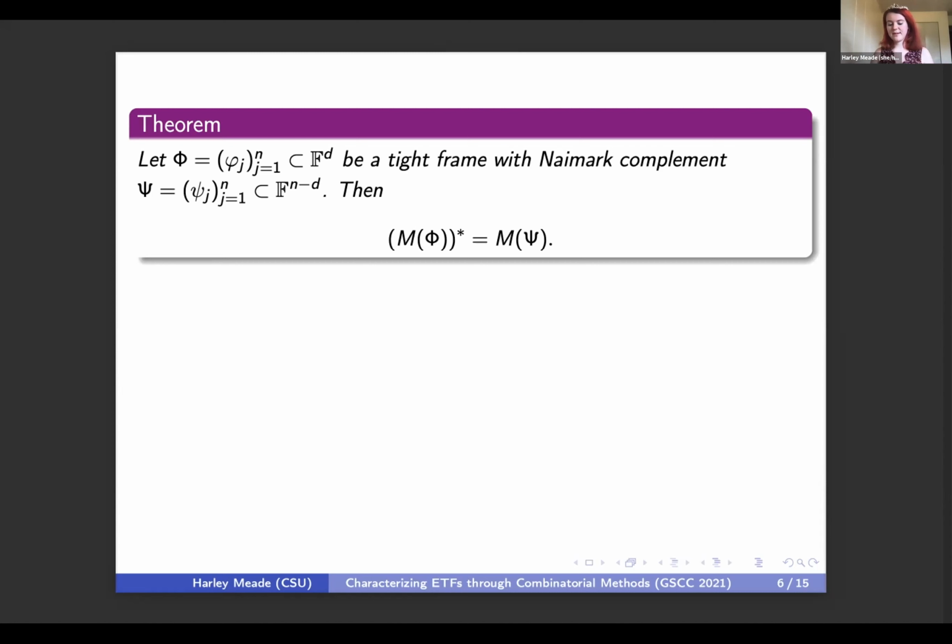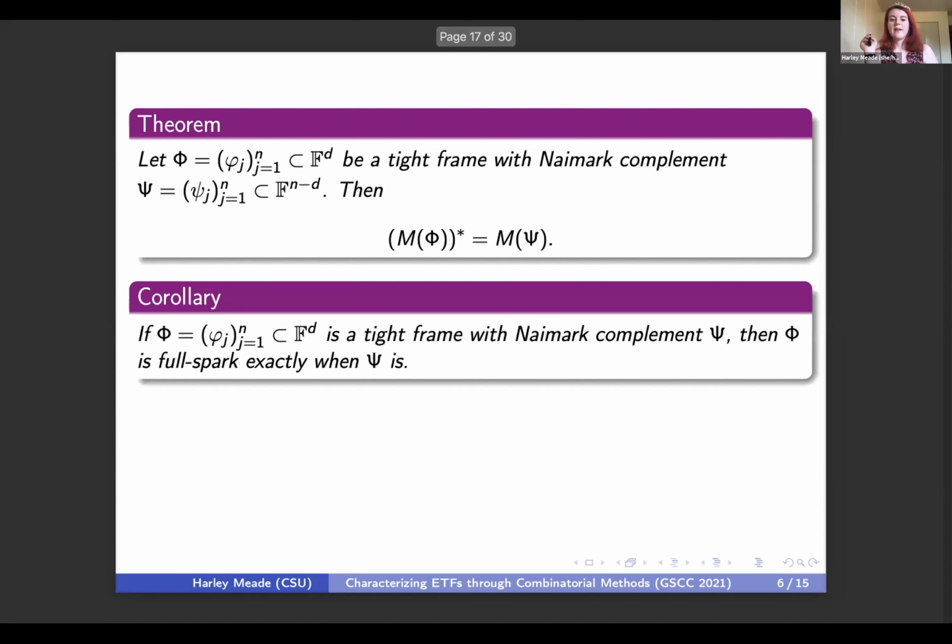formed by the columns of phi is going to be the matroid formed by the columns of psi. That's non-trivial, so I'm not going to go into it, but it's very useful because that gives us that if phi is a type frame with Naimark complement psi, phi and psi are full spark at exactly the same time.